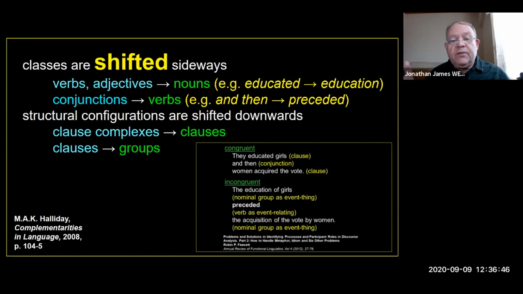Verbs and adjectives becoming nouns. Educated, education. Conjunctions replaced by verbs. At the same time, there's a shift downwards where you had two clauses combined into one clause complex. Now they become one simple clause, and the clauses themselves become phrases. There's just been a general reconfiguration of the language.